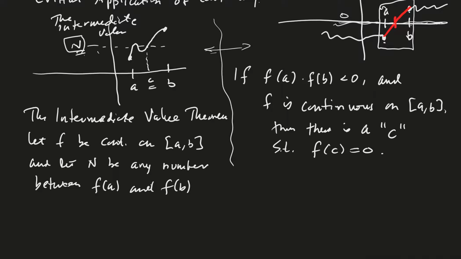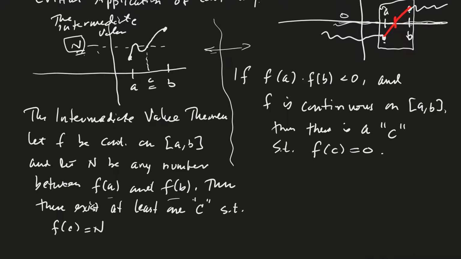So therefore, one of these numbers is smaller than n, and one of these numbers is bigger than n, right? Then there exists at least one c on the x-axis such that f of c equals n. Good. That's really an important theorem.